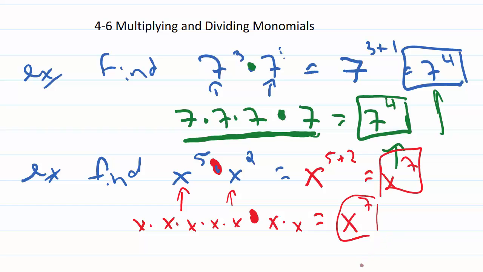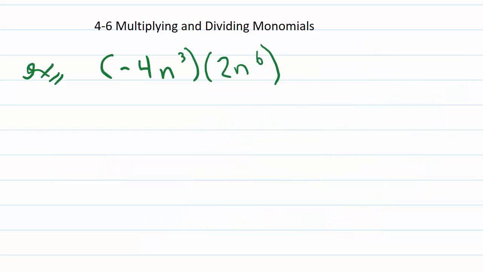Okay, how about an even more challenging problem? This one's slightly more challenging because there's a whole lot of stuff going on here. Here's what I need you to recognize first and foremost: parentheses bumped up against each other imply multiplication. And what I'm multiplying is this chunk of information times this chunk of information. So both of these are monomials.